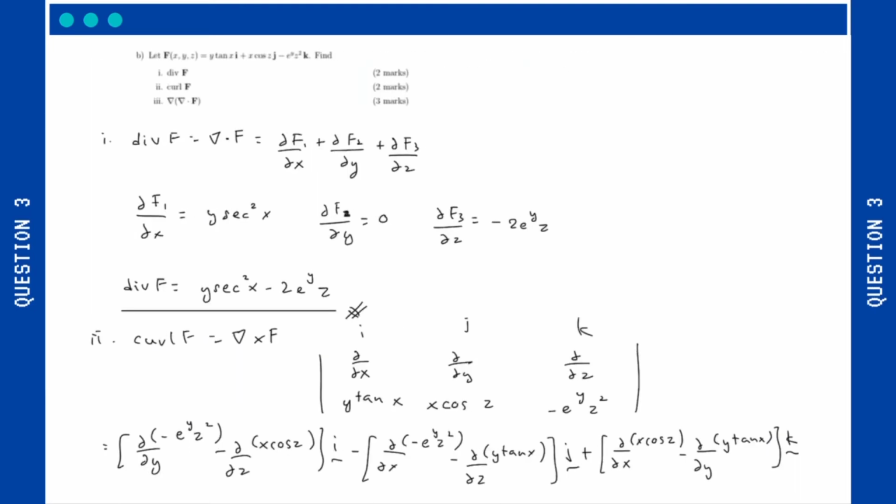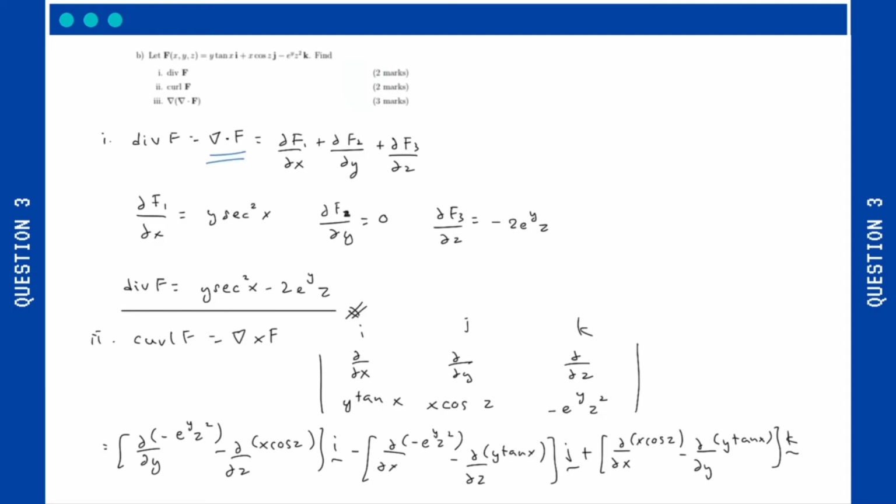For question B, find the divergence of f. Divergence of f is equal to del dot f. So we use the dot product. So we will get partial f1 with respect to x, and so on.